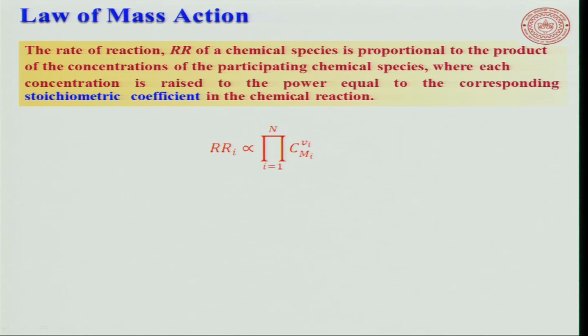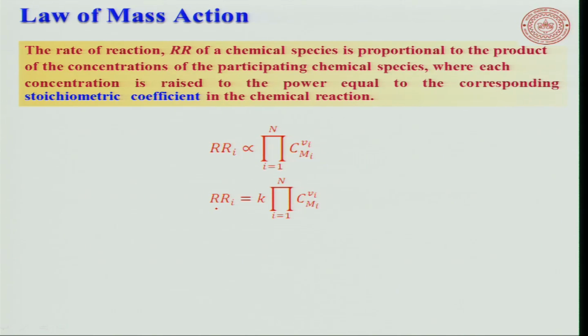So, for example, in a very compact form, the reaction rate of the i-th species will be proportional to the product of all the species participating on the reactant side, raised to their corresponding stoichiometric coefficients.